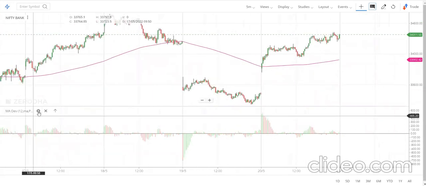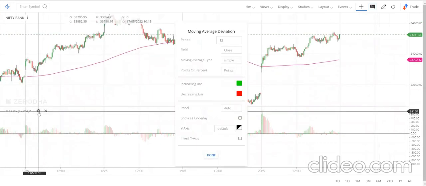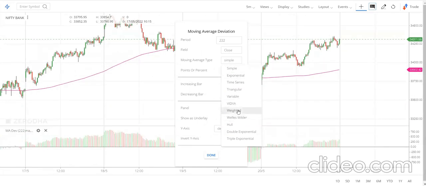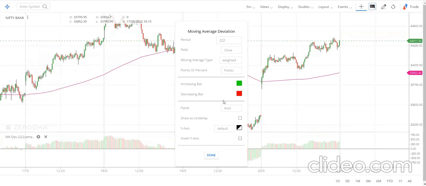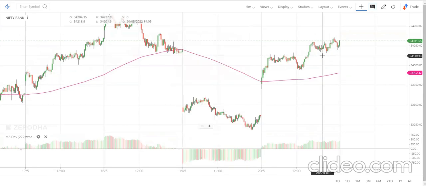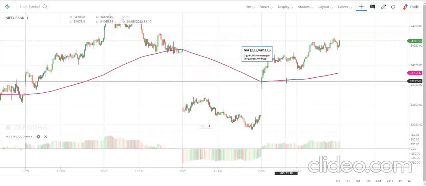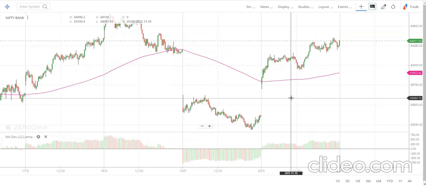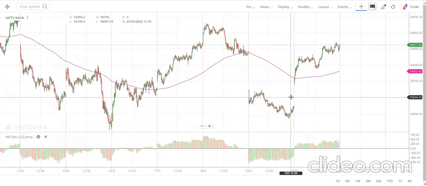I have to go to the settings because I'm checking the mean deviation from the triple two WMA. So I will change the setting of it to triple two. The moving average will be weighted.